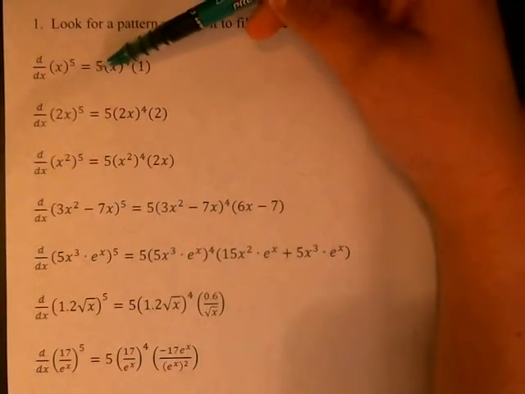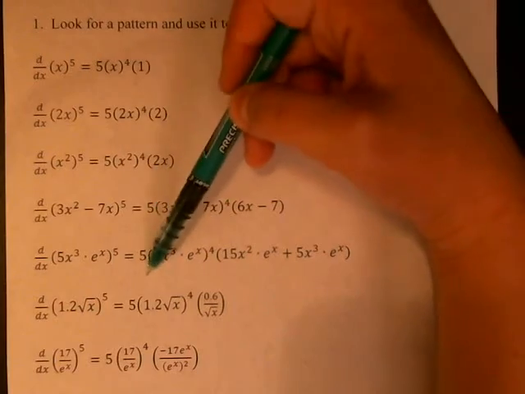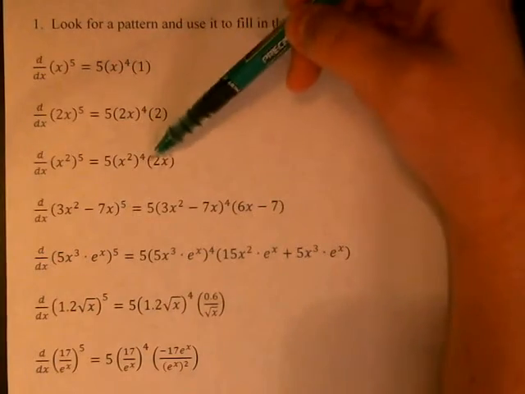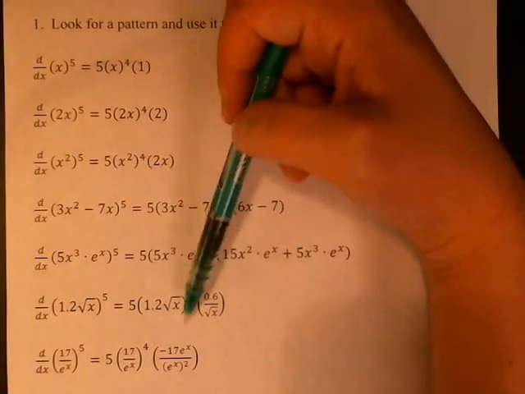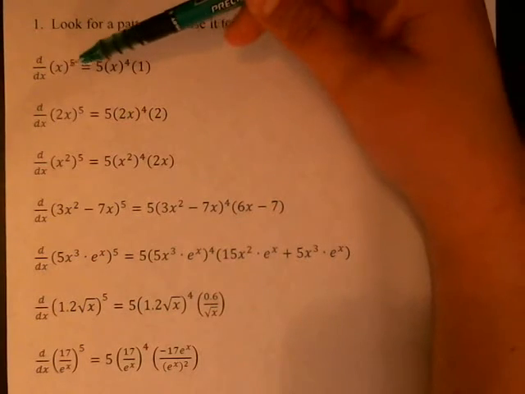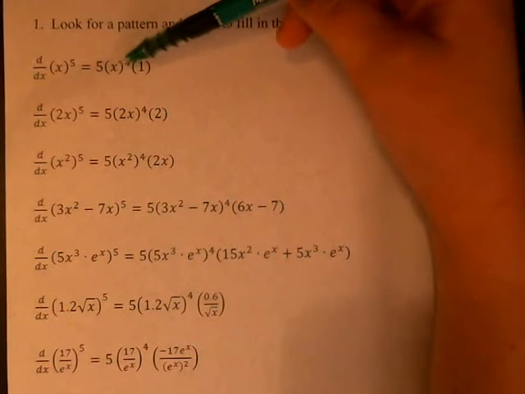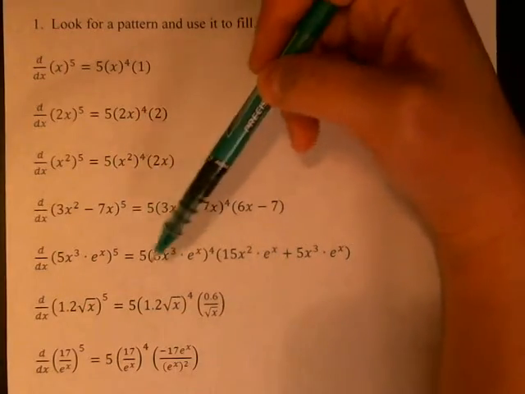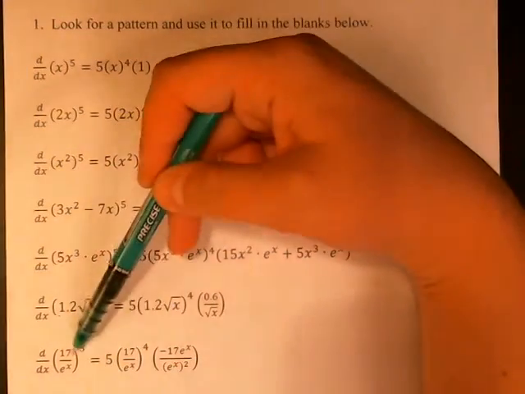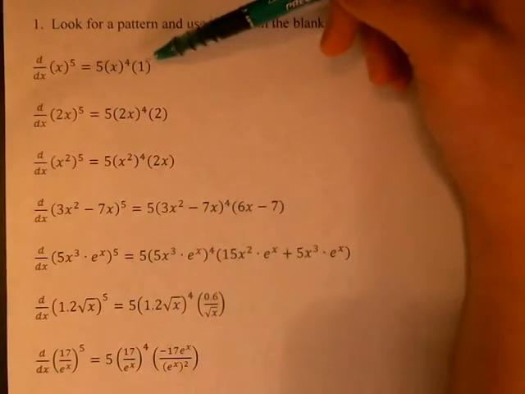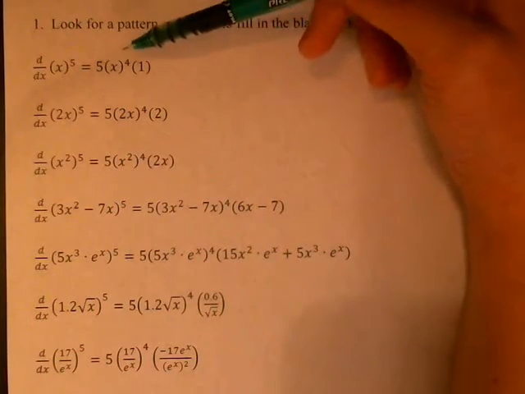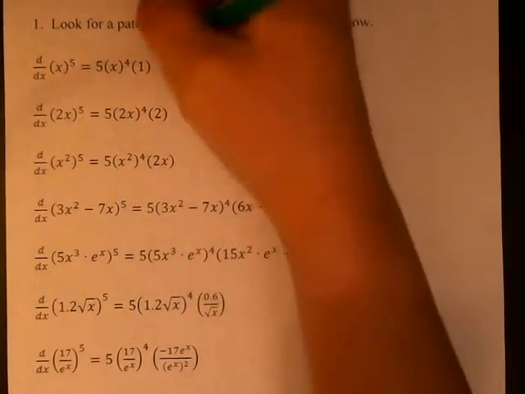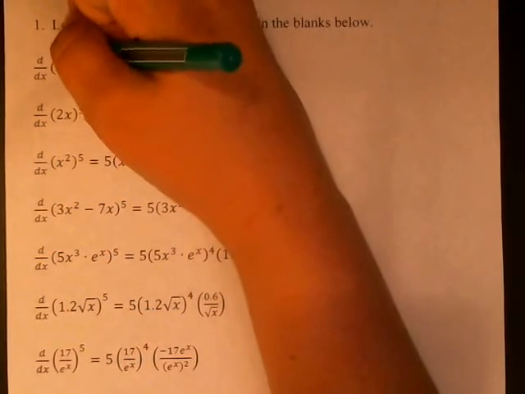So over here, the derivative, we always see the 5 out in front. We always see the 4th power, and that hopefully looks like a power rule to you. If we have something to the 5th, we get 5 times something to the 4th. What you should see getting raised to the 4th is always the exact same function that we started with on the inside. And then out here, what I hope you've spotted is that this number is the derivative of this inner function.